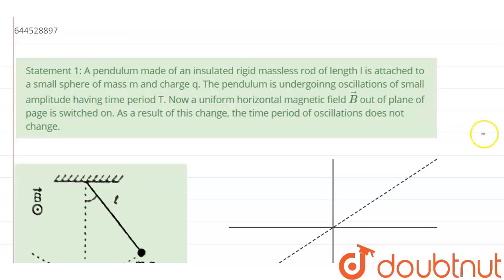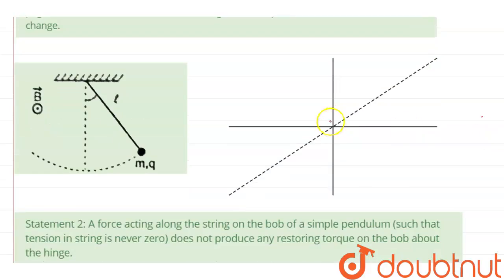So what basically happens is, this is our magnetic field, and at each moment either the velocity is directed towards right or towards the left, depending on which direction the pendulum is going.